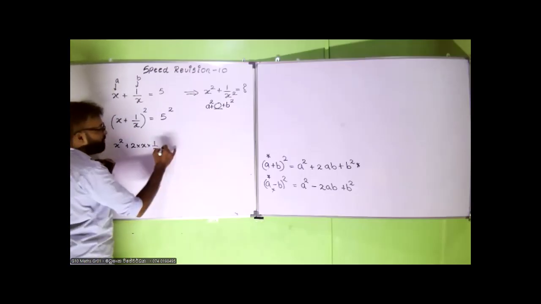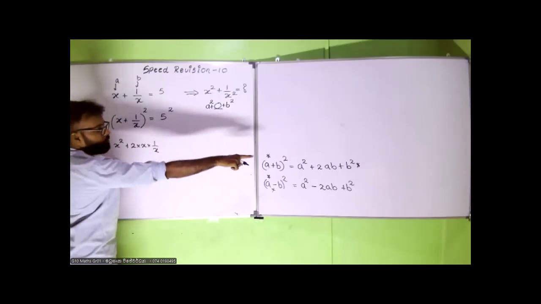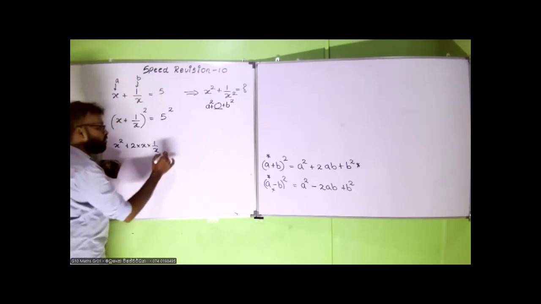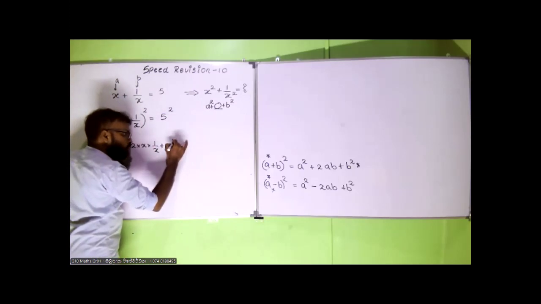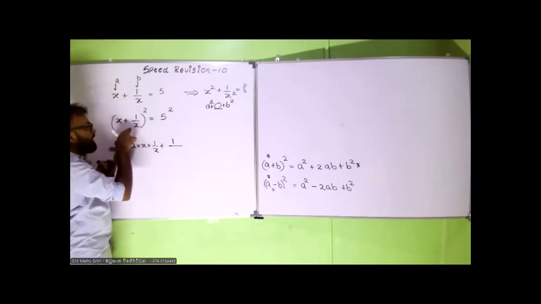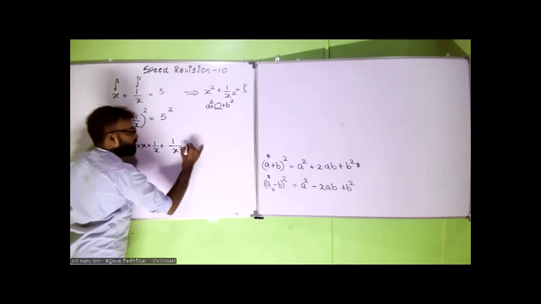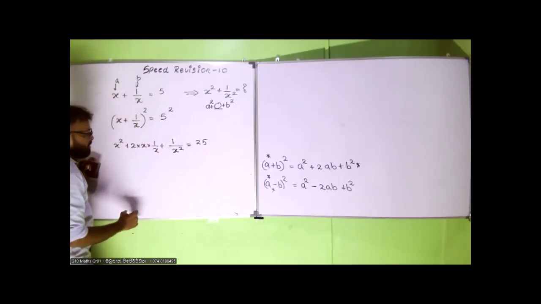The last term, B to the power 2, 1 over x to the power 2. So how are you going to write it? x to the power 2, x square equals 25.